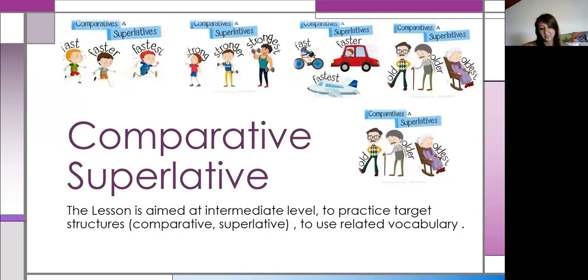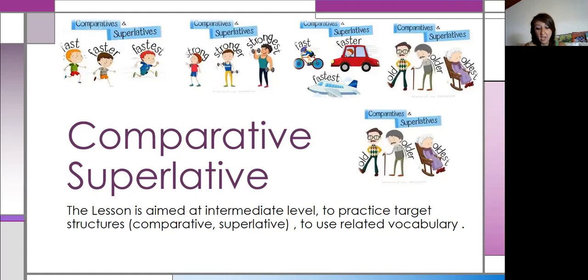Let's get started. Firstly, we have the noun. Say one noun, please. Okay, car. We describe a car. How do we describe a car?